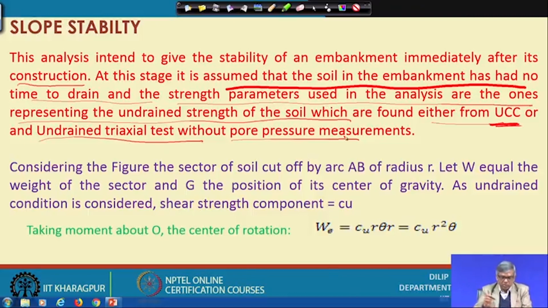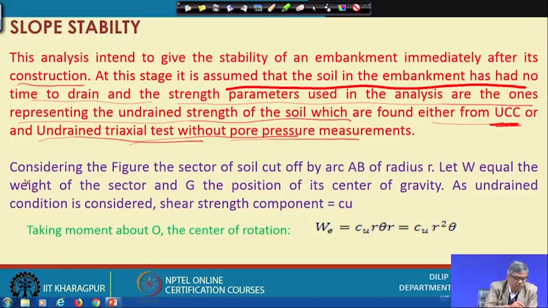So immediately after construction, when you do the analysis, you use the undrained parameter, and based on that, for the failure trial slip surface and the mass with eccentricity I have shown, I can find out the disturbing moment and the restoring moment under this undrained condition.